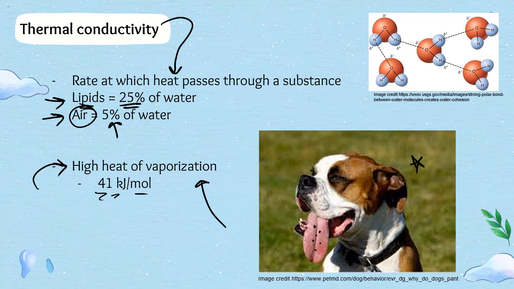And so as water goes from liquid spit to gas molecule in the air, it is sucking all kinds of energy out of the tongue of the doggo, which means that sweet baby is going to cool off as that water evaporates. Same thing for us and our sweat. It's a really good coolant. Water's a really good coolant. It is not a really good insulator.